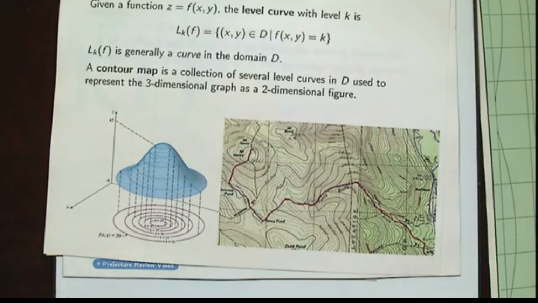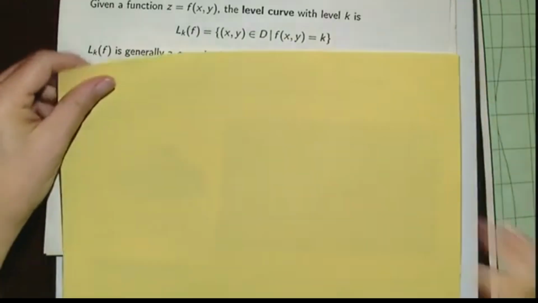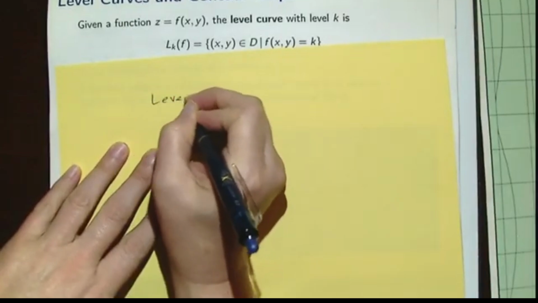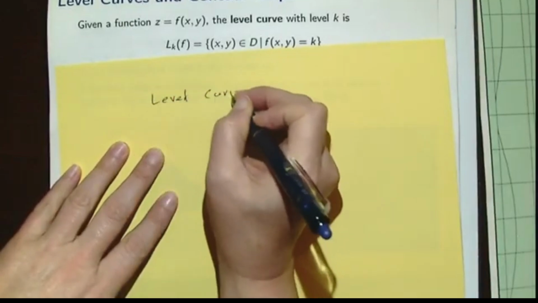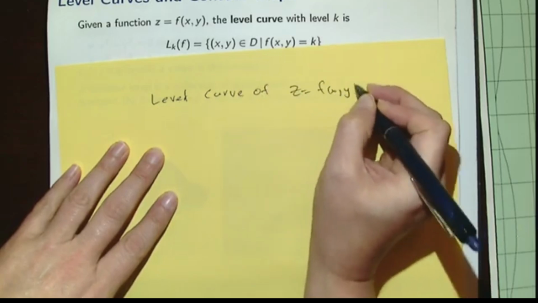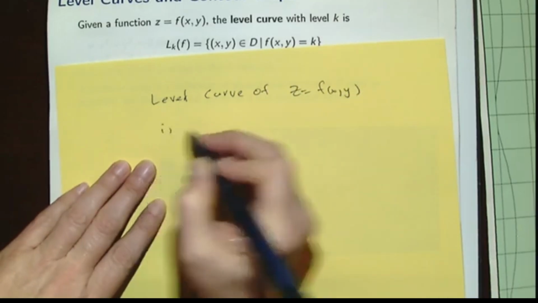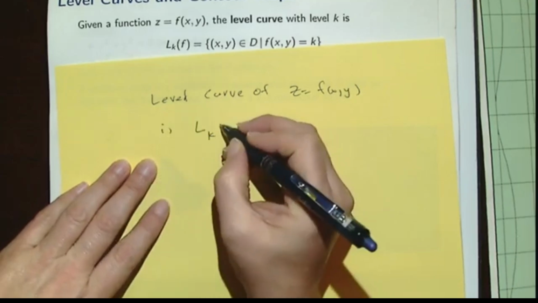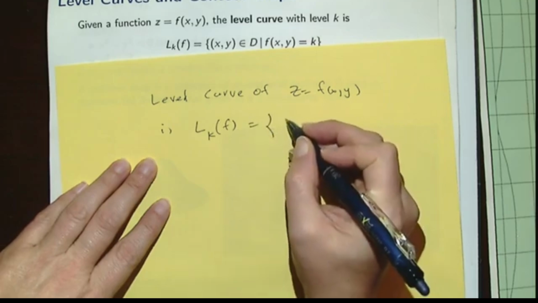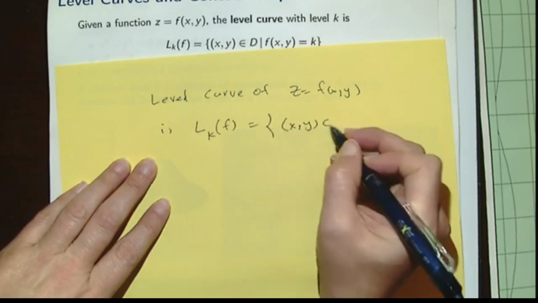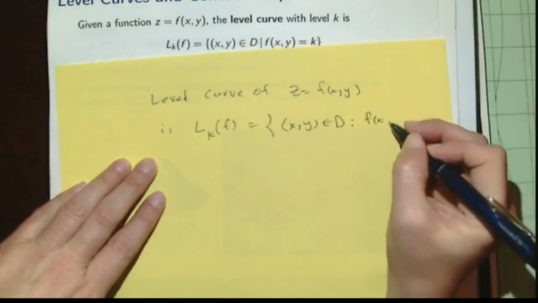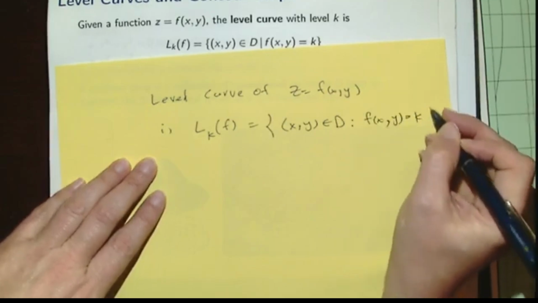So first of all, I want to give you a definition. Level curve of a function z equal to f of x and y is L sub k of f equal to all the points in the domain such that their z value is equal to k.